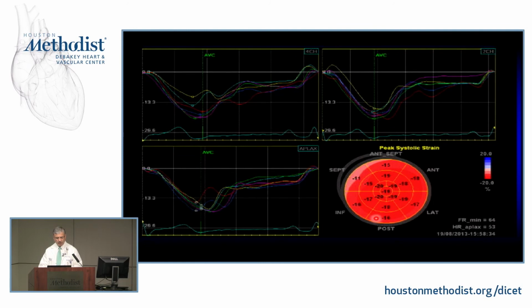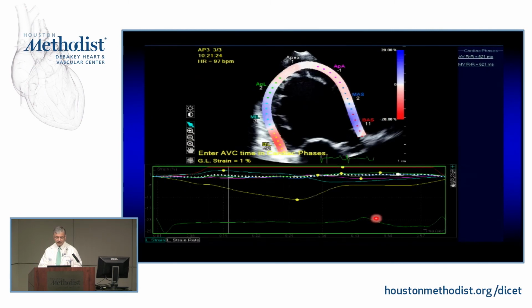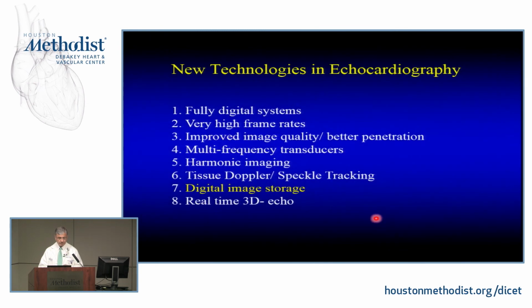And here is somebody who's not doing as well. The strain is very, very low, and the map is incredibly low. The numbers for longitudinal strain are normally more negative than minus 17 or 18. And this person has minus 2%, which is almost non-viable.